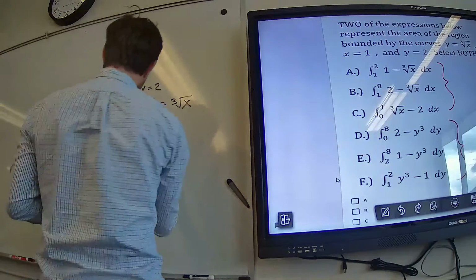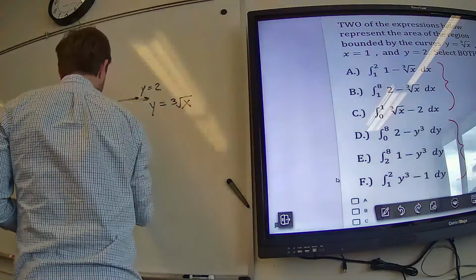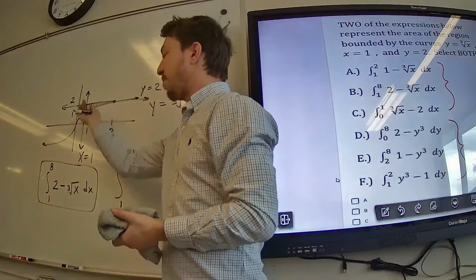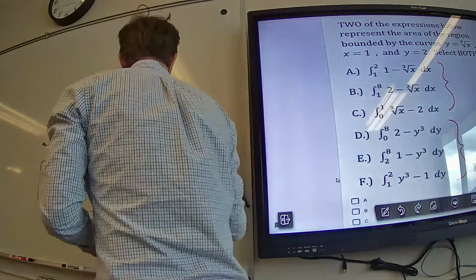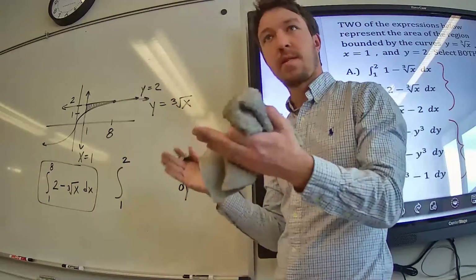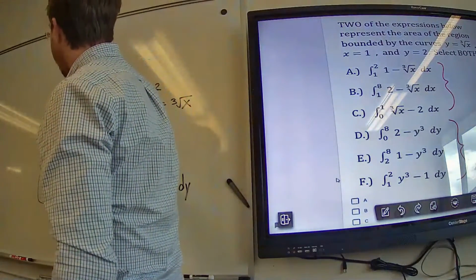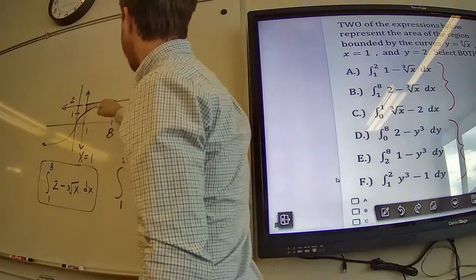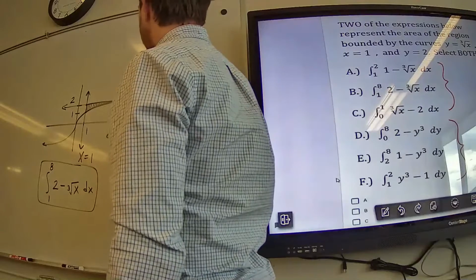And then if I go the other way, I would go integral from 1 to 2. How thick is each slice now if I'm making horizontal slices? dy. That's the thickness. Now, how wide is each slice? It's this x value minus this x value. What's this x value? y cubed.